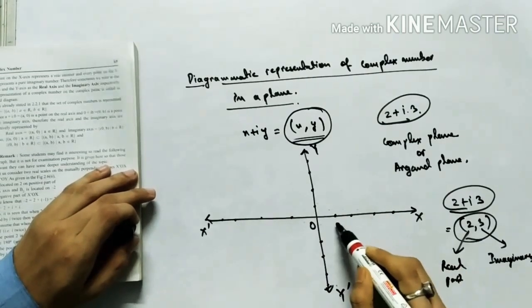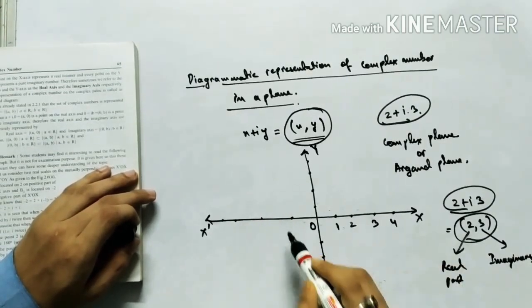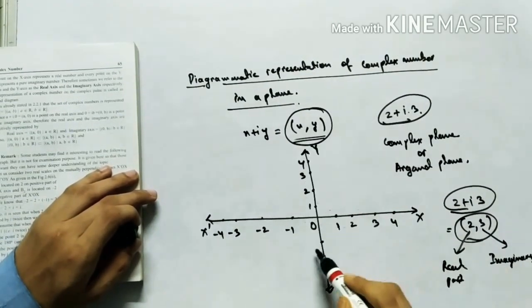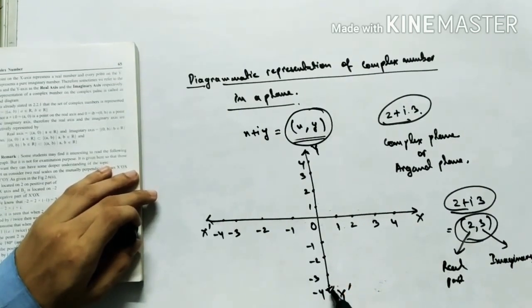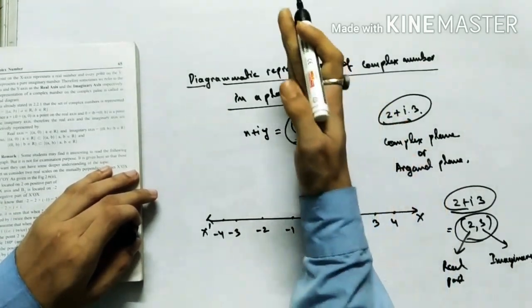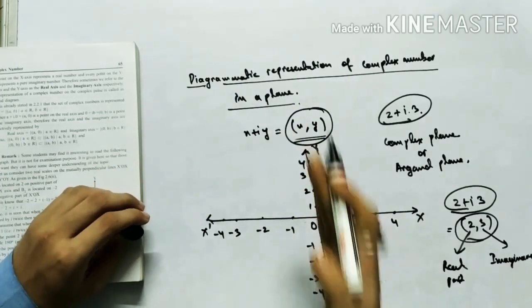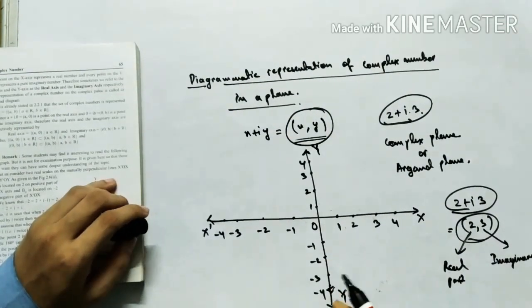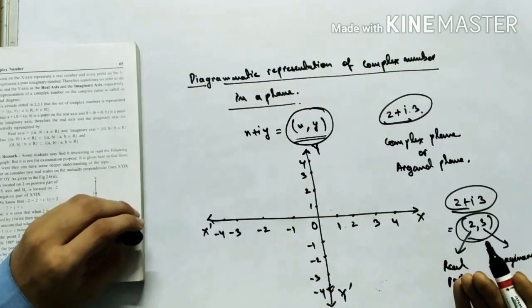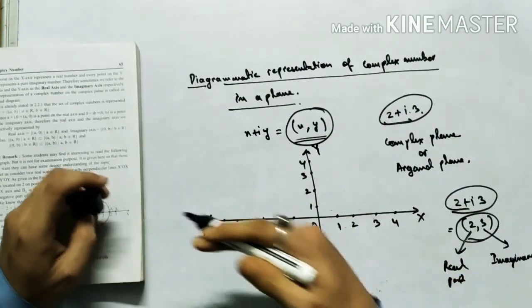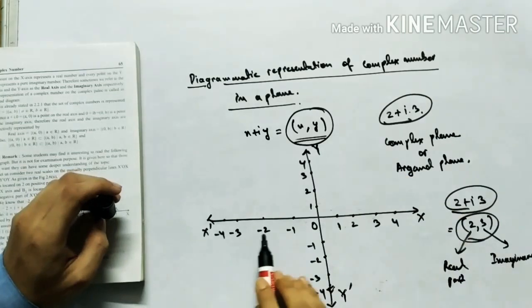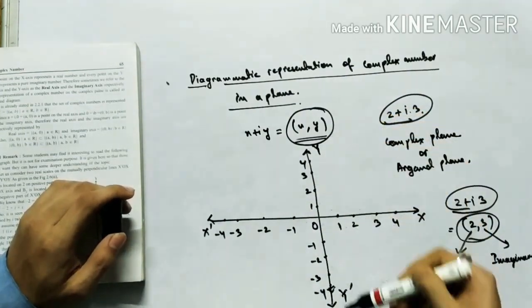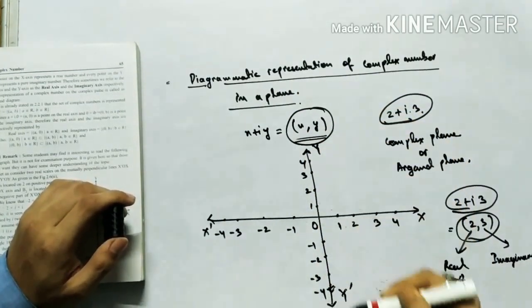So in here if I give 1, 2, 3, 4, and this is -1, -2, -3, -4, 1, 2, 3, 4, -1, -2, -3, -4. Remember, this y is the imaginary axis, and x is the real axis. Understand? On this x-axis all these points are the real parts, and on the y-axis all these points are the imaginary part.